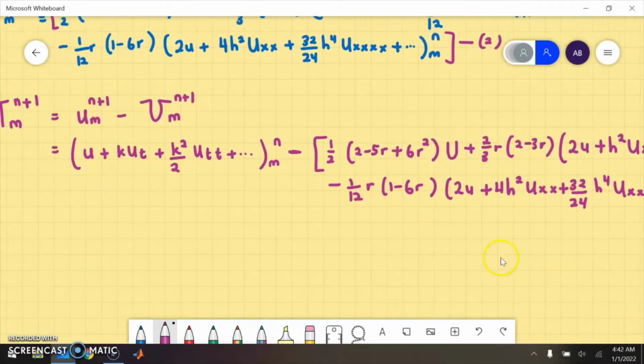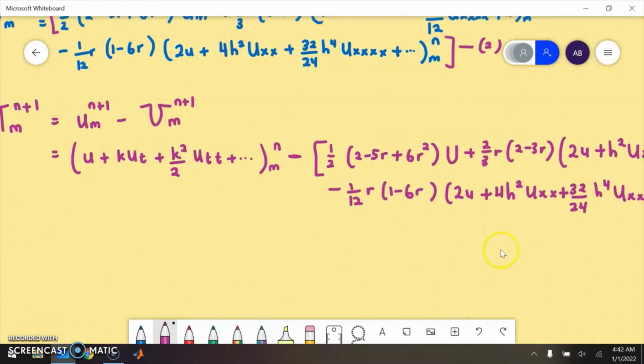Now we got to simplify. Simplify means collect the common terms involving u, u_xx and the fourth derivative. Let's expand this. Collecting the terms involving u is this one, this one, this one, and this one, right? So we have u, don't forget the negative sign, half (2 minus 5r plus 6r squared) u.